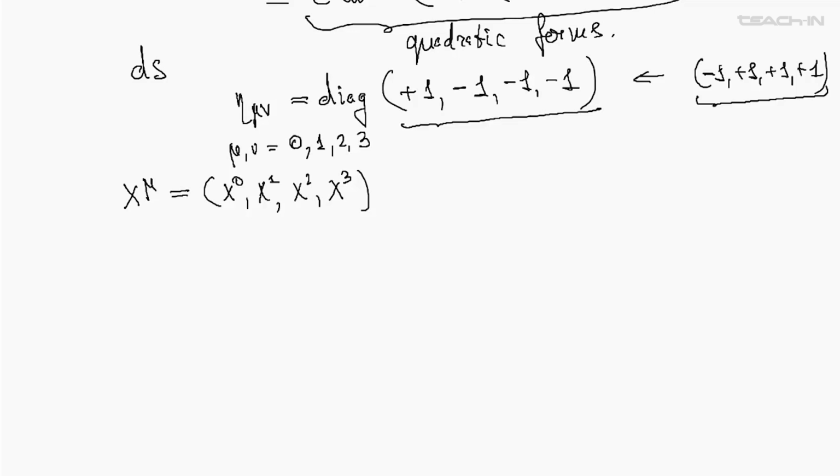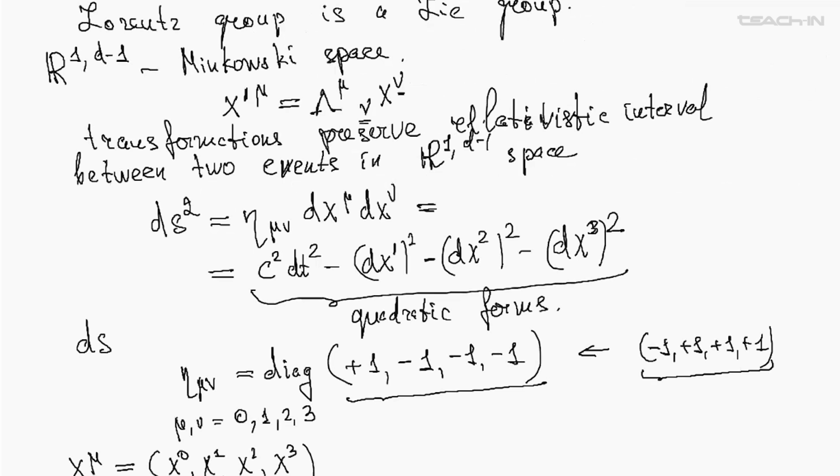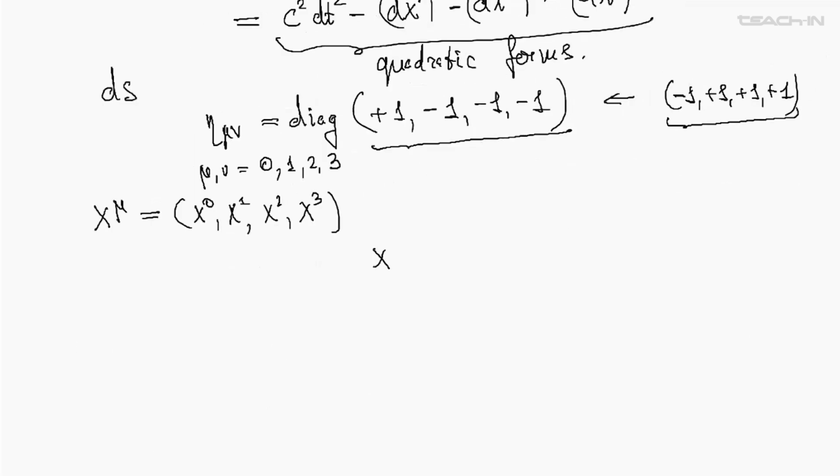And so this means that if you treat x^mu as a vector, these Lorentz transformations can be written in matrix form. Very simple. You have a vector x, and it transforms, passing from one Lorentz frame into another, simply with a matrix Lambda.